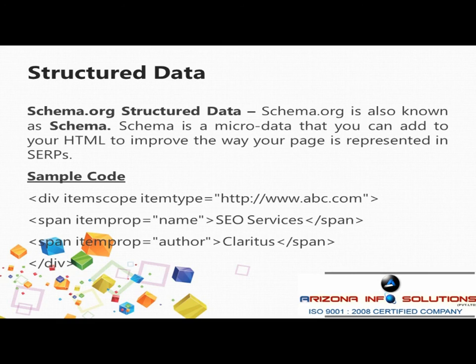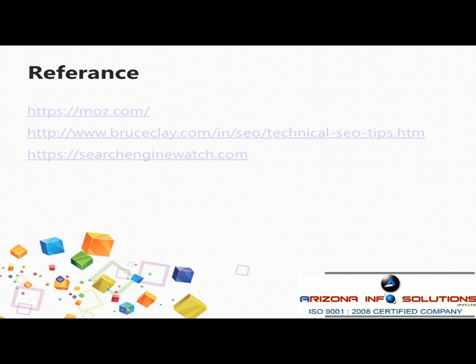This means that the popularity of the pages gets split up. Canonical issues can be solved with this code: <link rel="canonical" href="http://a.b.c.com">.